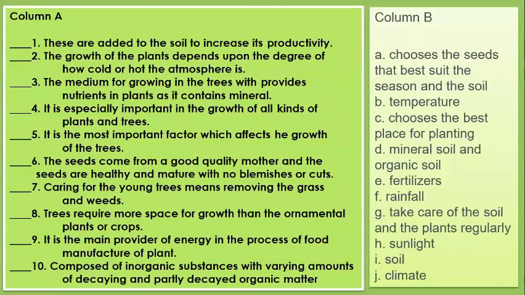Number 2. The growth of the plants depends upon the degree of how cold or hot the atmosphere is. Okay, number 3. The medium for growing the trees, which provides nutrients to plants and contains minerals.